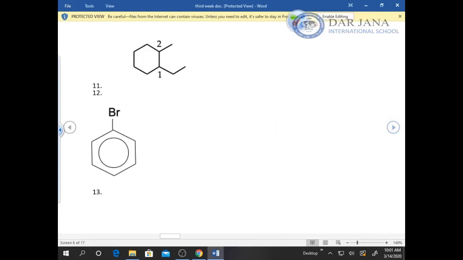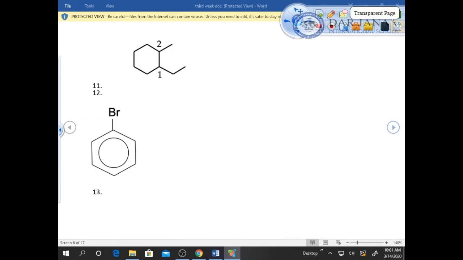Number 11, I will give the ethyl group number 1 and methyl number 2. Why? Based on alphabetical order. Number the cycloalkane: if a cycloalkane has 2 substituents, number it based on alphabetical order.